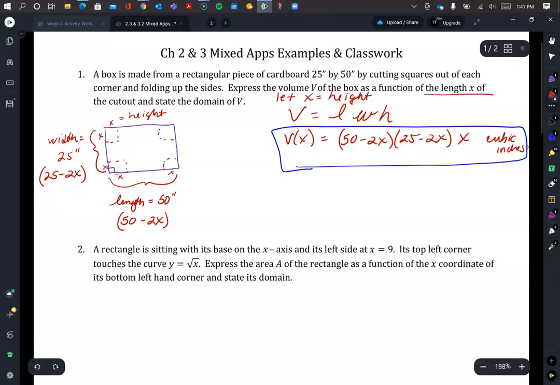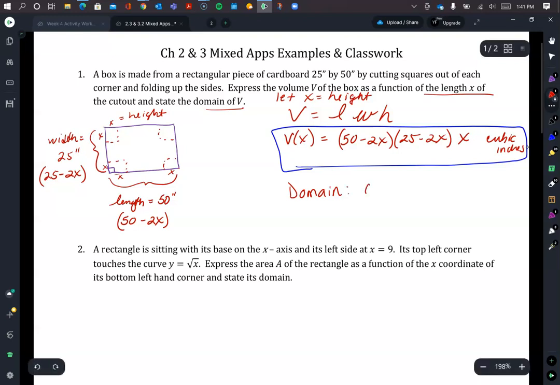The domain is the other part of that, and so anything reasonable, I think something bigger than 0, because if you just had 0 for your x value, then you actually just wouldn't even have any box. You would just have the flat sheet of cardboard, right?